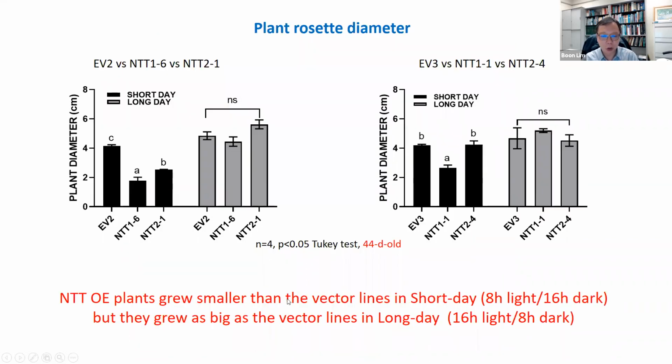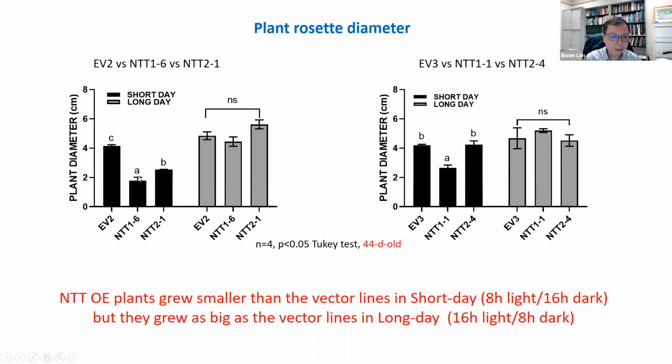And then if we grow these seedlings in different daylight periods, this is short day. Short day means that 8-hour light and 16-hour darkness per day. And long day means 16-hour light and 8-hour darkness per day. You can see that the transgenic lines, they express the NTT transporter.